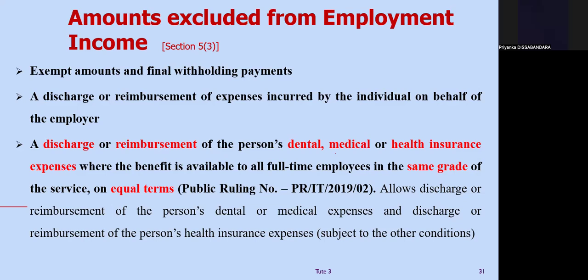So each and every income we receive from our employer should be included under Section 5, subsection 2. Then we have another subsection, that is subsection 3. Section 5, subsection 3 is provided for the items that we have to exclude when we are calculating the employment income.